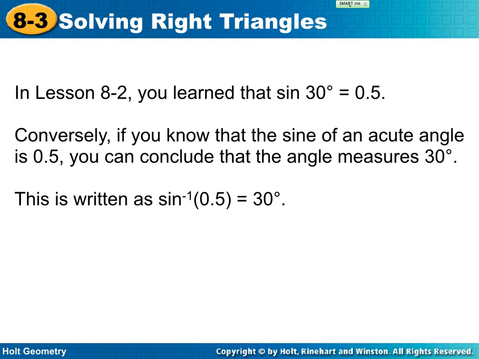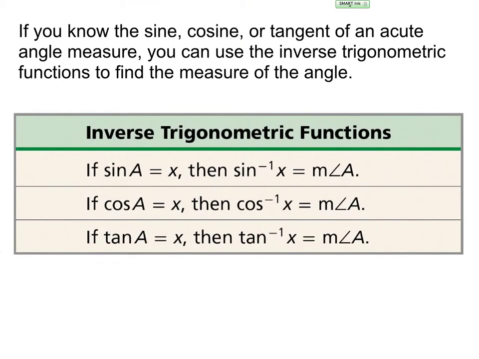To do that, we use what's called sine inverse, or cosine inverse, or tangent inverse. This little -1, in this context, it's not an exponent. In this context, it is a function. We could do the sine inverse, the cosine inverse, or the tangent inverse. And this would be some notes here. If you know the sine of an angle, then if you do the sine inverse of that value, you will get the measure of the angle.